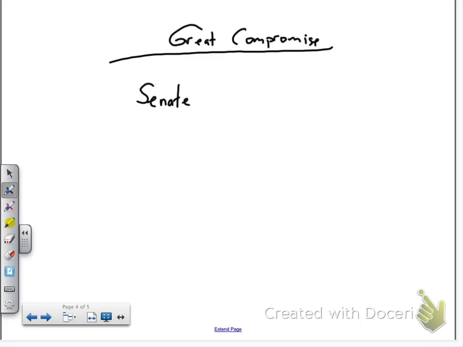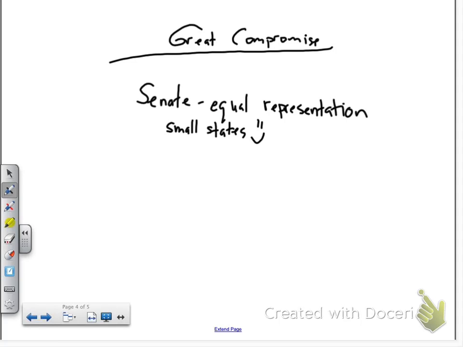Okay, so we'll stop there. Senate would be equal representation. They would say 2 senators per state. That made the small states happy, because they said, okay, that's what we like. That was the compromise for the small states, the equal representation.